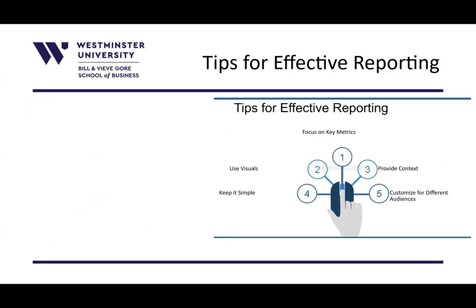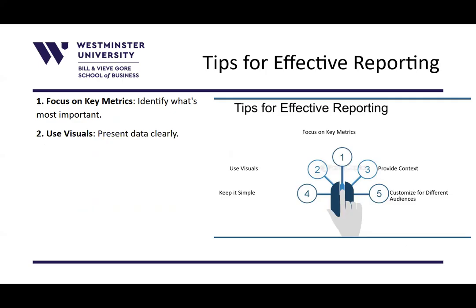So now we'll give you some tips for effective reporting. You will first have to focus on key metrics. You will have to use visuals to present data clearly, with charts and graphs, to make complex information simpler and more digestible.